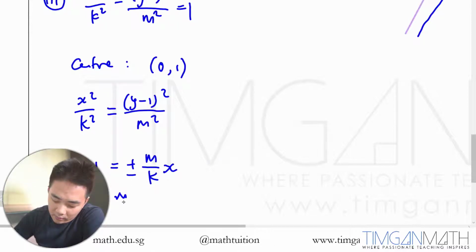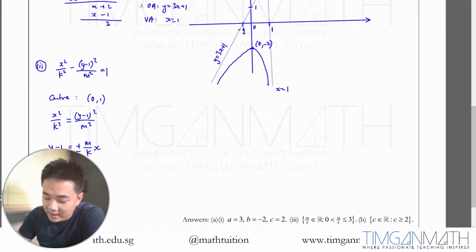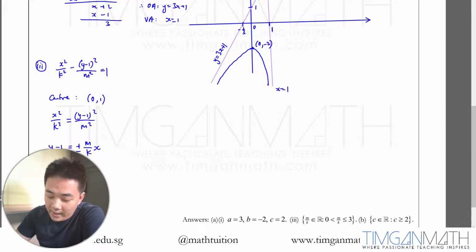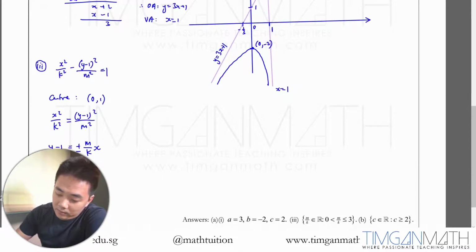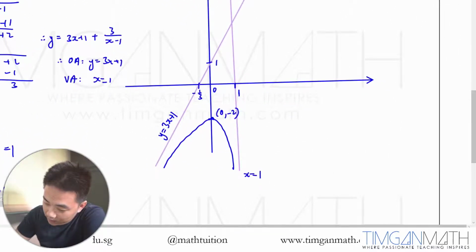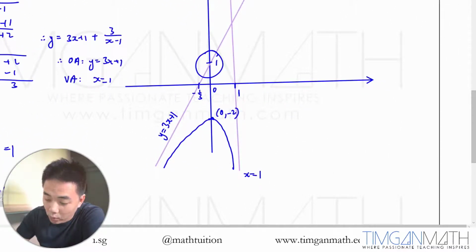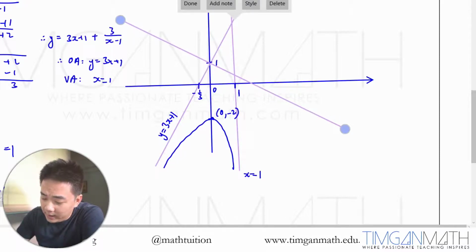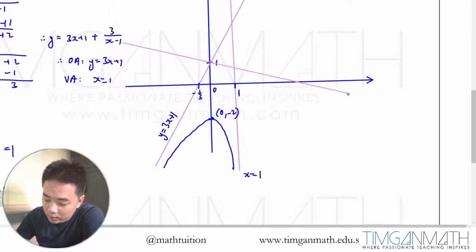Now m over k becomes clear, because m over k is actually just the gradient of the asymptote, right? And this oblique asymptote passes through this point here, 1, 1. So you know that this oblique asymptote will look like that, right?